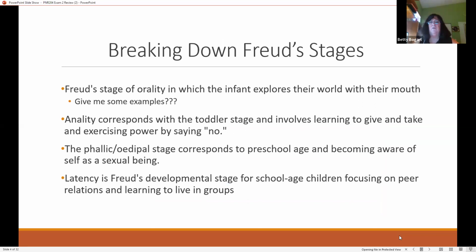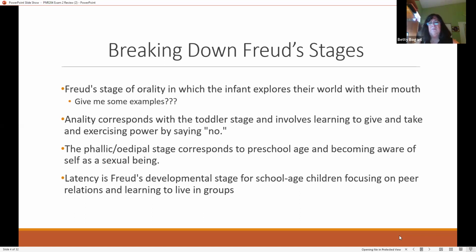So again, Freud stages of morality, they explore the world in their mouth. They put their fingers in the mouth. Remember, the pacifier, put it in the mouth, it's good for pain control and it's good for soothing. They self-soothe with it. Anality is a toddler.